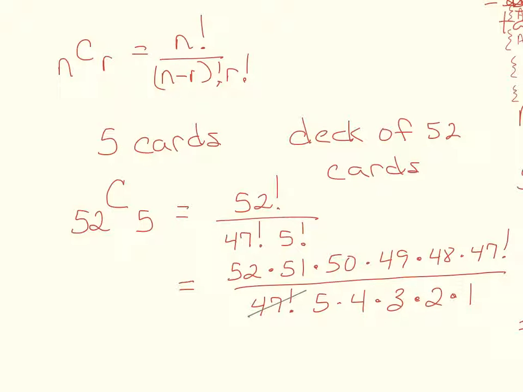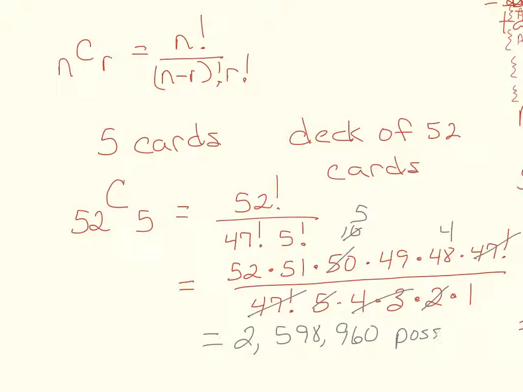Well, the 47 factorial cancels. 5 goes into 50 10 times. 2 goes into that 10 5 times. 4 times 3 is 12, that goes into 48 4 times, and you can multiply that out now, and you would find that you have 2,598,960 possible hands that you could get with 5 cards from a deck of 52.